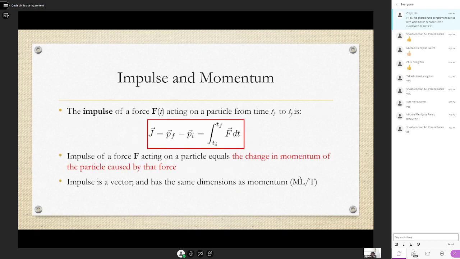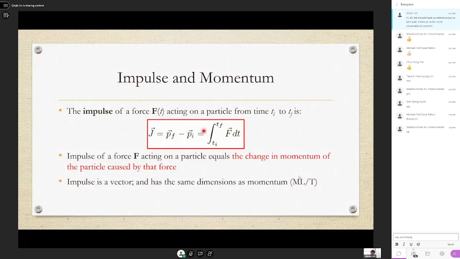We have another definition called the impulse. The impulse of a force acting on a particle from time ti to tf is given by this. This J here refers to impulse. Impulse is just equal to the change in momentum. It's just a definition.